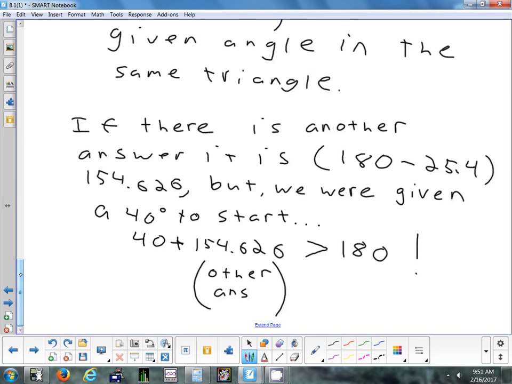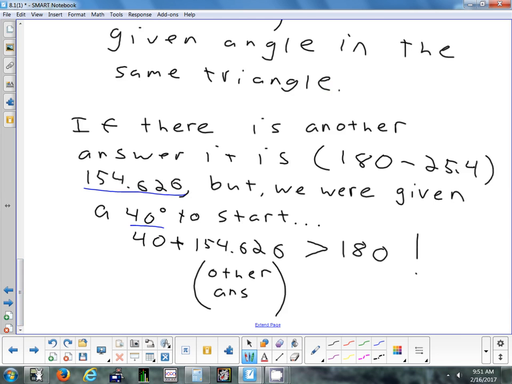Then once you get the first answer, okay, we got 25 point, whatever it was, about 25.4. Subtract it from 180. The other answer was 154.626. But we were given a 40 to start, so the other answer is too big. Right.